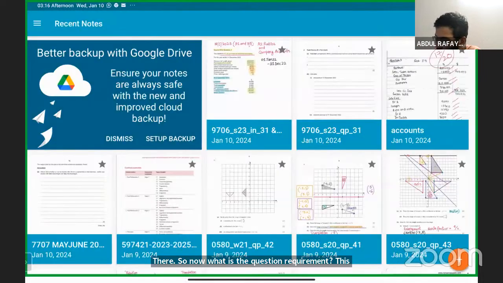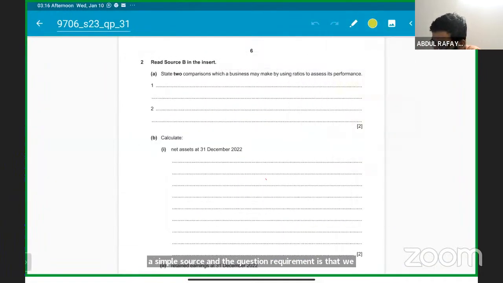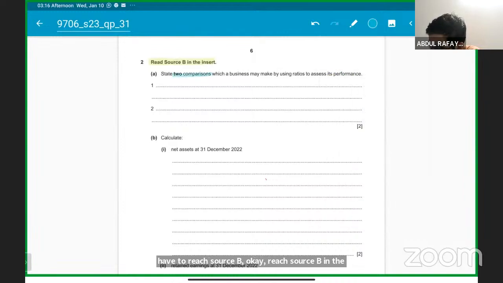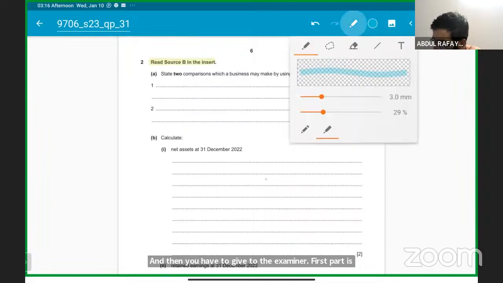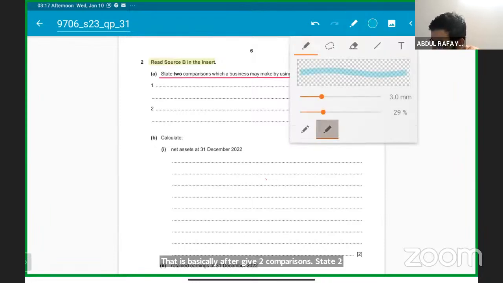So now what is the question requirement? This is a simple source. The question requirement is that we have to read source B in the insert, as it is a recent paper, May, June 2023. And then you have to give to the examiner the first part, which is theory, basic theory, no analysis. You can learn this theory from the notes. You have to state two comparisons which a business may make by using ratios to assess its performance.